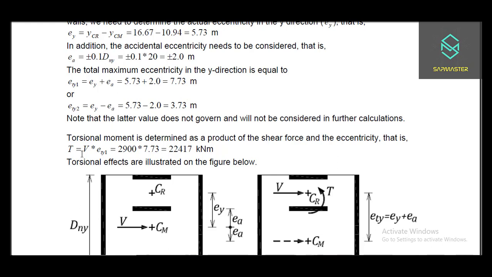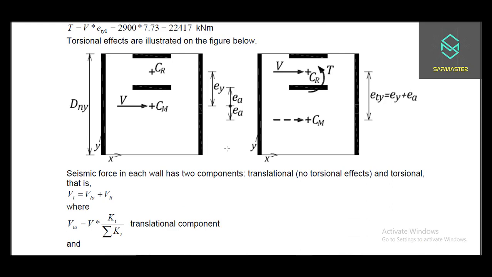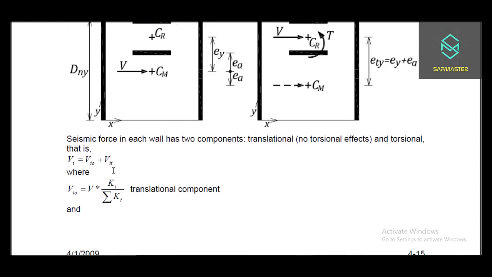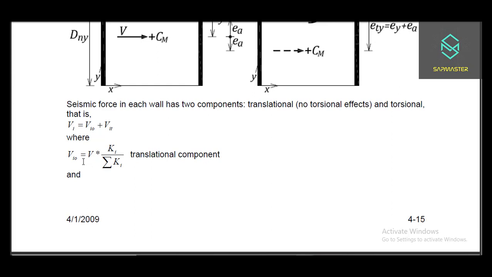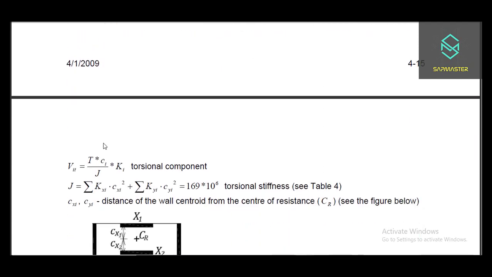And the torsional moment is easily found by multiplying the base shear force that we found and ETY. It'll be very obvious. So the seismic force in each wall has two components, translational and torsional, which is shear force is equal to shear force of translational plus shear force of torsional, right? So for finding the translational component, you only need to use this one, and for torsional you will need to use this one.